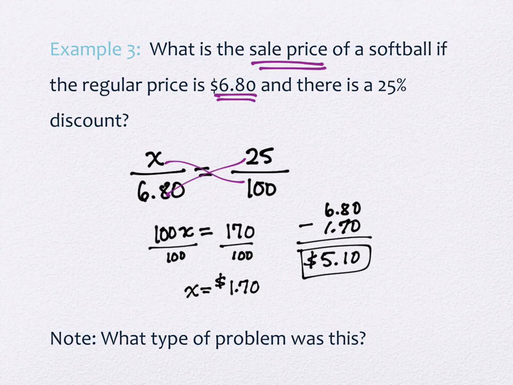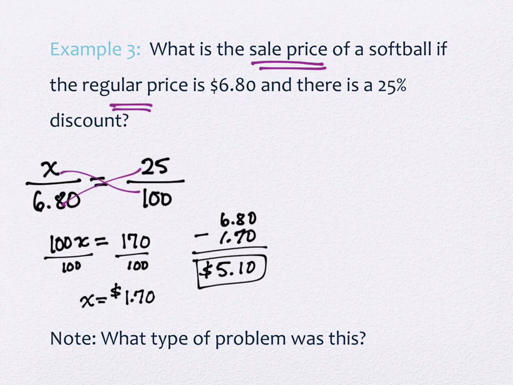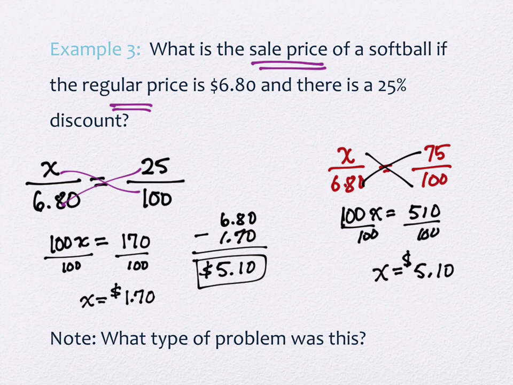So in the alternate form, we could have set this up so that instead of having 25 on top, we could have put 75 on top. Why? Because 75% is what we're paying as opposed to what we're saving. And if we cross multiply from here and divide, we will very directly end up getting the 510.